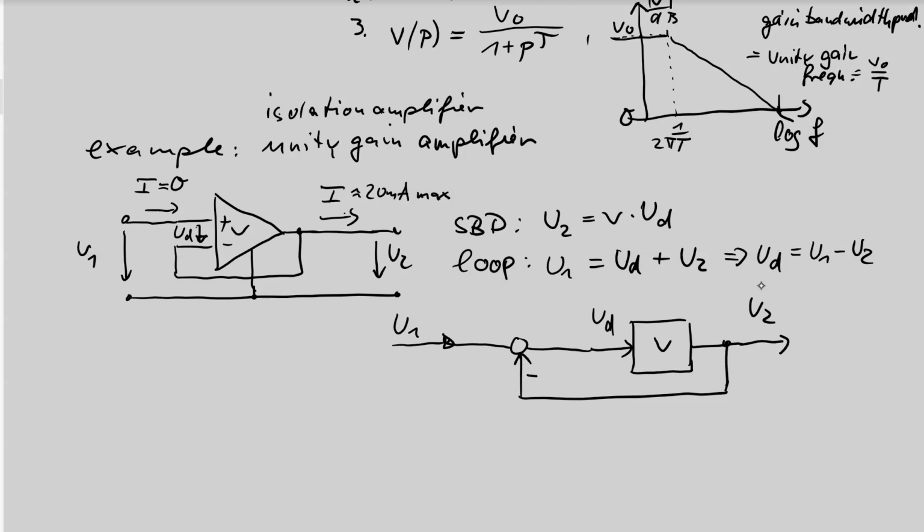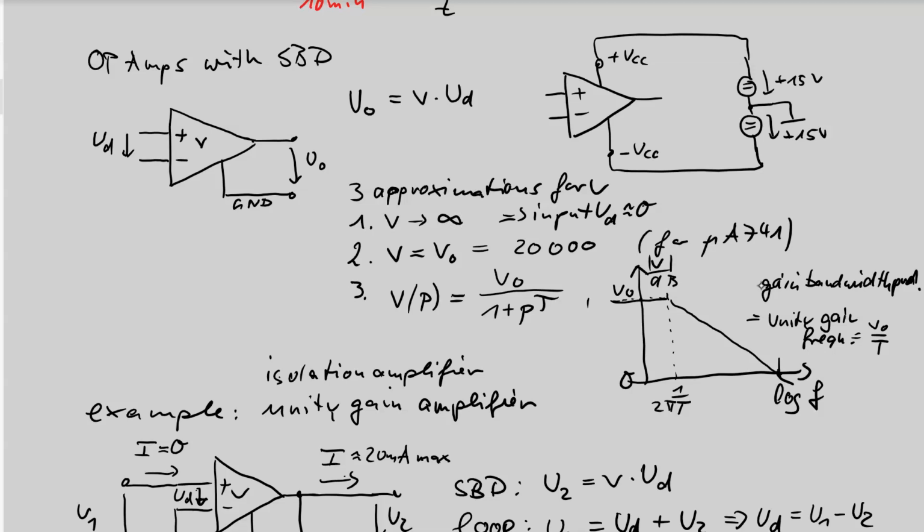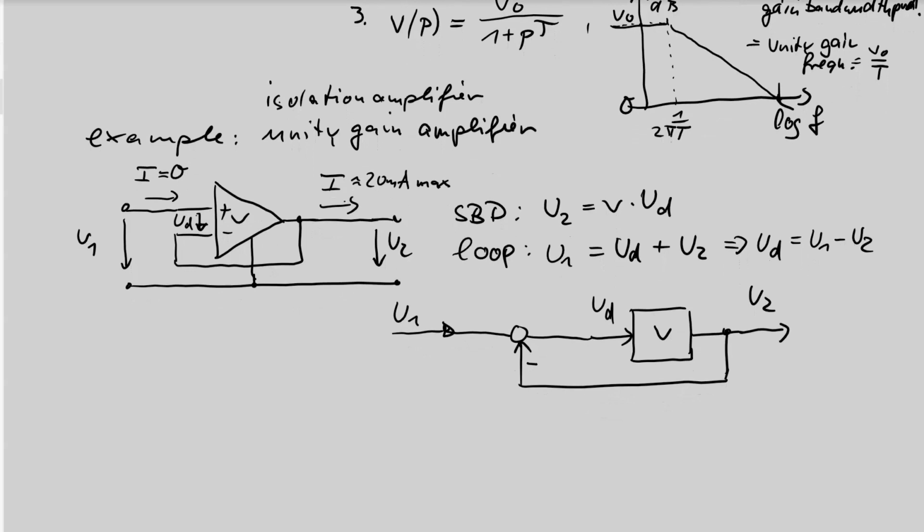So the simple isolation amplifier is expressed in a signal block diagram with this circuit, and here we can now calculate the behavior of this circuit with any approximation of V. Either V is infinity, or V is a large constant, or V has this transfer function. The signal block diagram can now be used in any case to calculate the overall behavior of this unity gain amplifier. That is the first version.